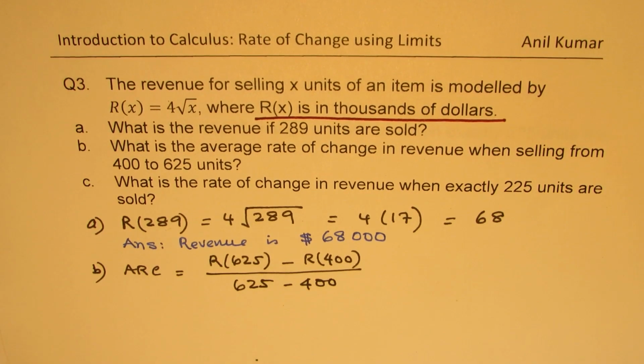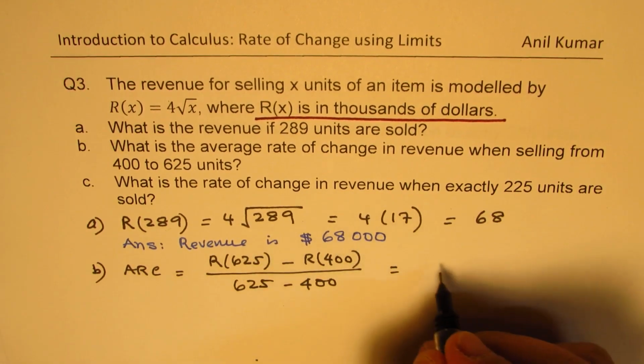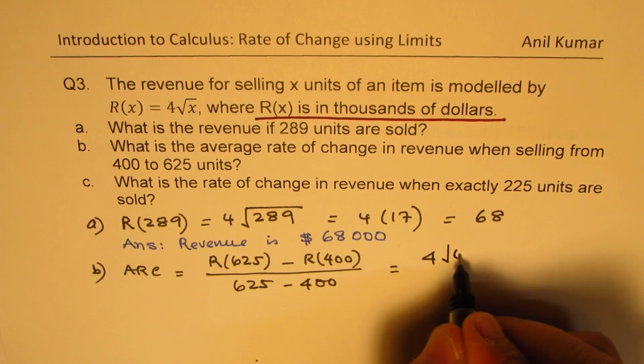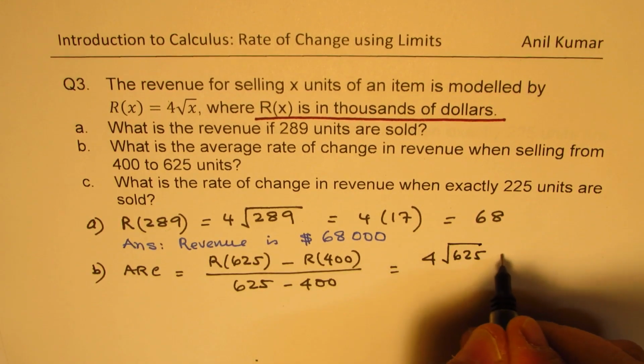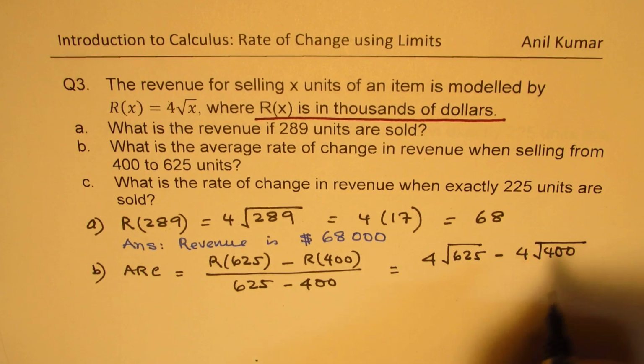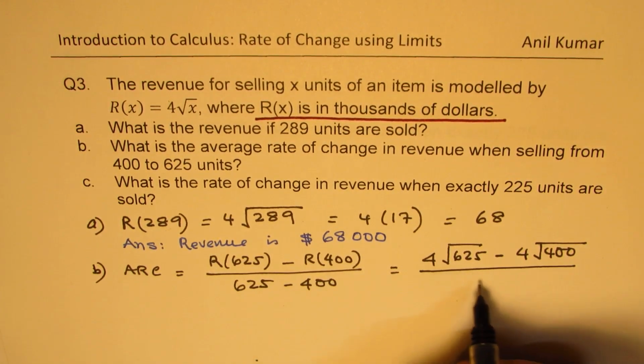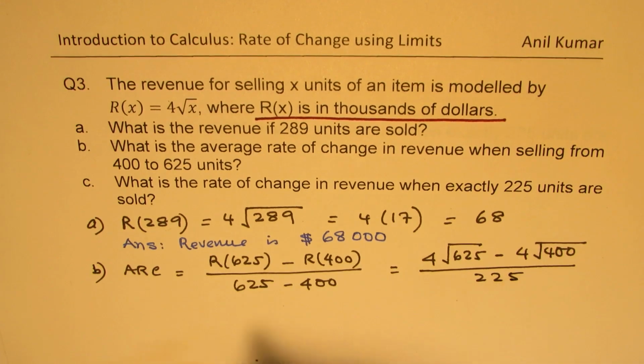Clear? So that is what it is. So we'll just substitute the values. So we get 4 times square root of 625 minus 4 times square root of 400 over this difference, which is 225.